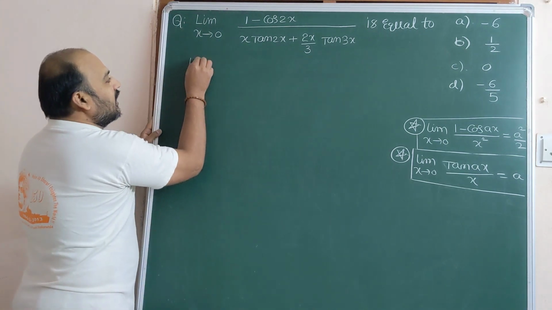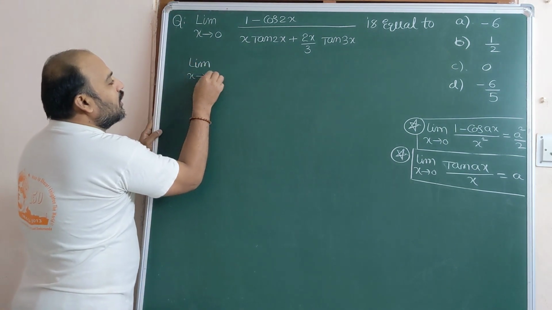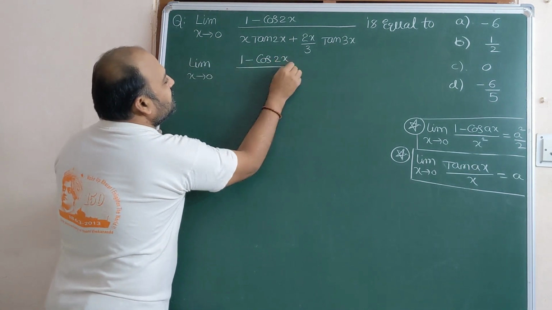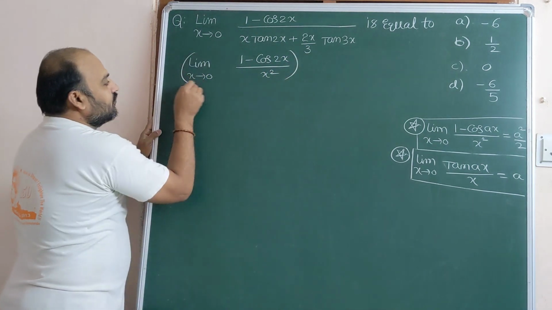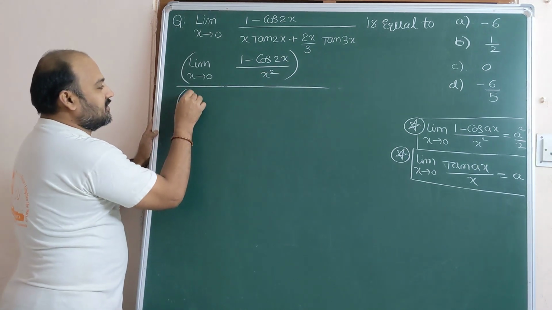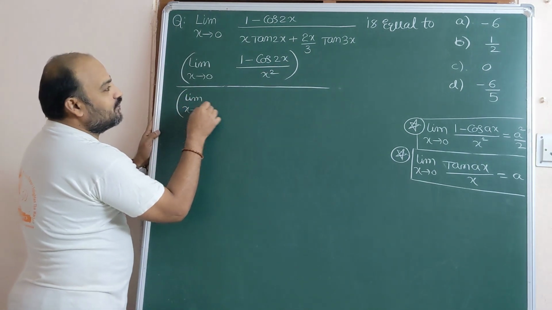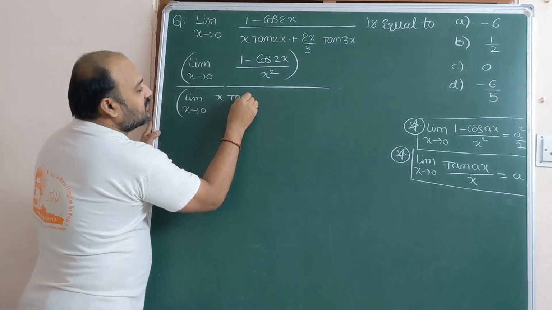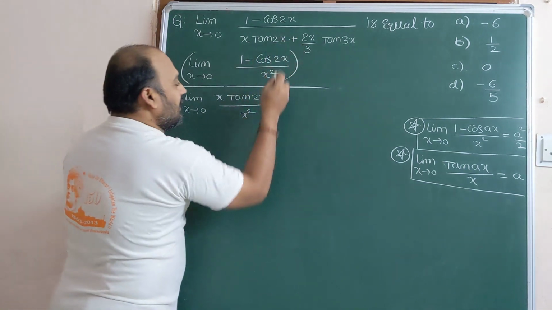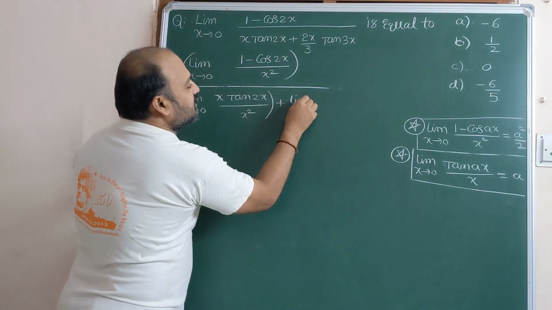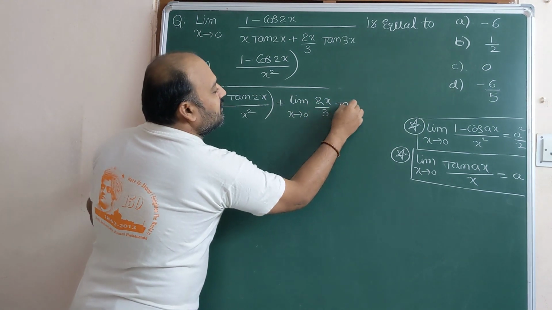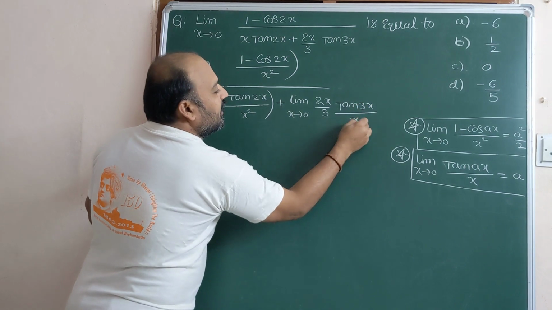So the given limit becomes limit x tends to 0 of (1 minus cos 2x) divided by x square, dividing each and every term also by x square and applying the limit: x tan 2x divided by x square, plus 2x by 3 into tan 3x divided by x square.